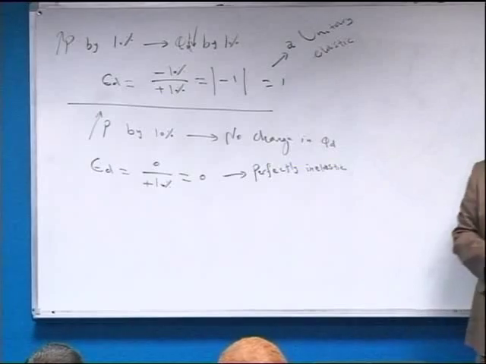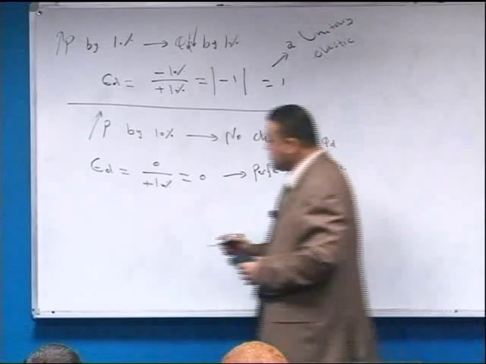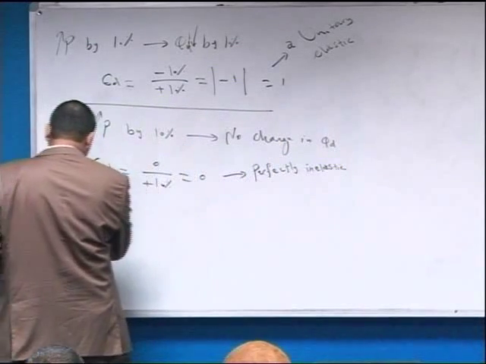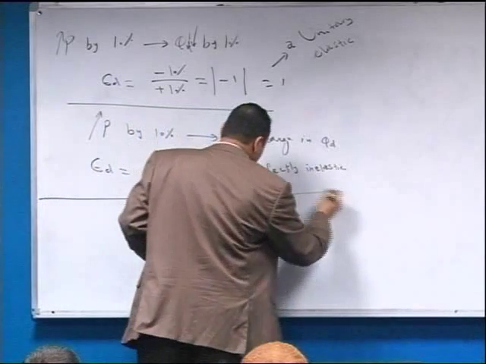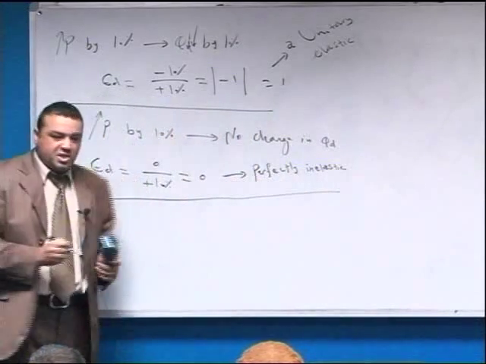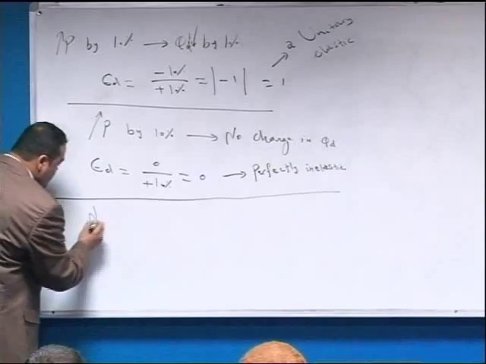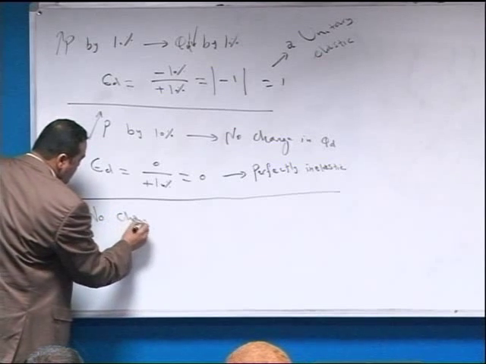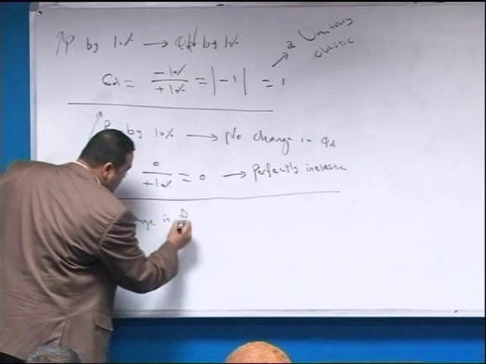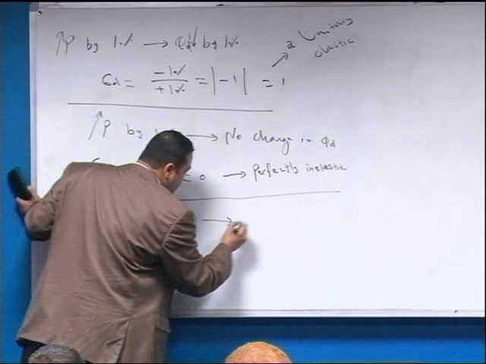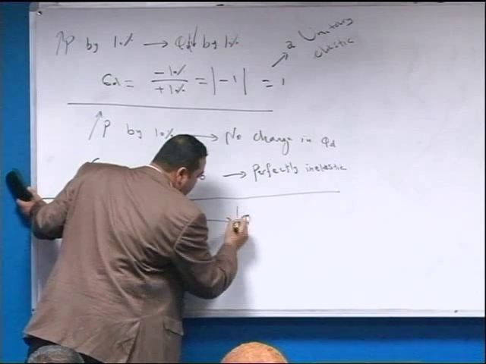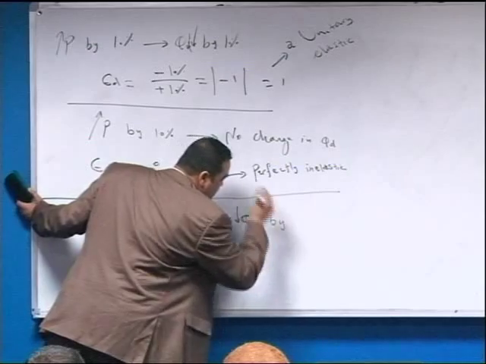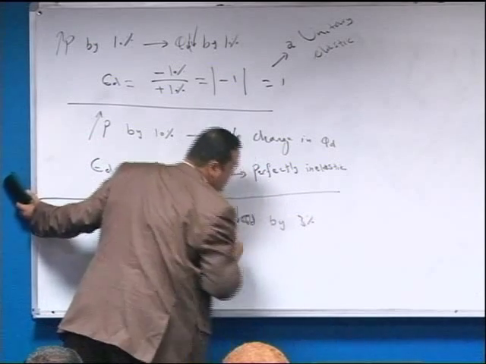The last case: if there is no change in the prices, then the quantity demanded declined by 3%.